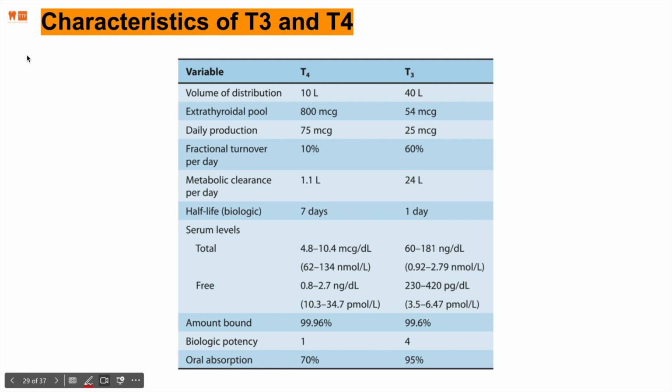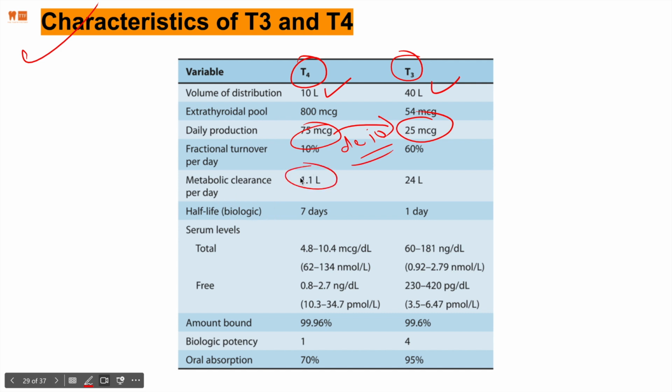Okay, characteristics of T3 and T4. T3 is produced less than T4, almost 20%. Then we need to understand a couple of things here, that the daily production of T3 is generally less than T4. Why? Because T4, in order to be activated, will get deiodinated into T3. So it's important to have more T4. Metabolic clearance: T4 is cleared by 1.1 liters, obviously it's less.